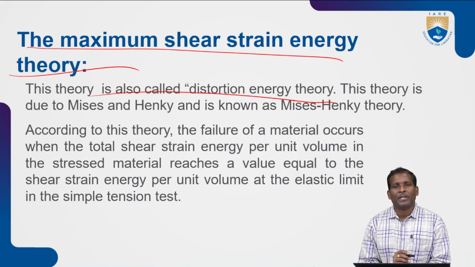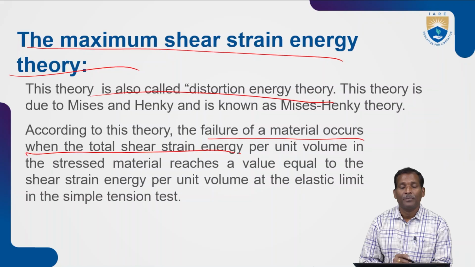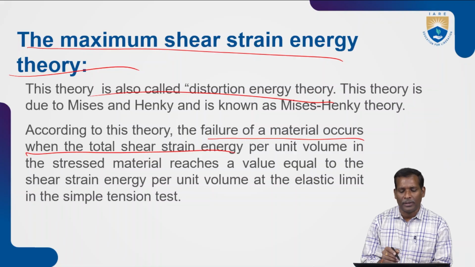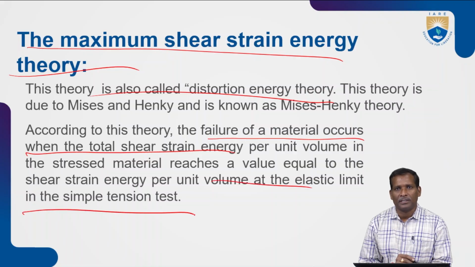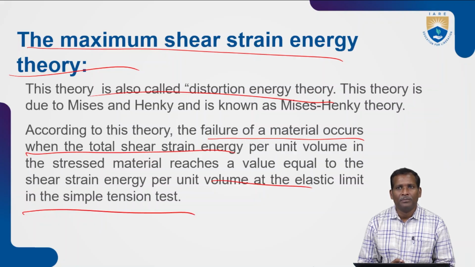According to this theory, the failure of a material occurs when the total strain energy per unit volume in the stressed material reaches a value equal to the strain energy per unit volume at the elastic limit in the simple tension test. Okay?